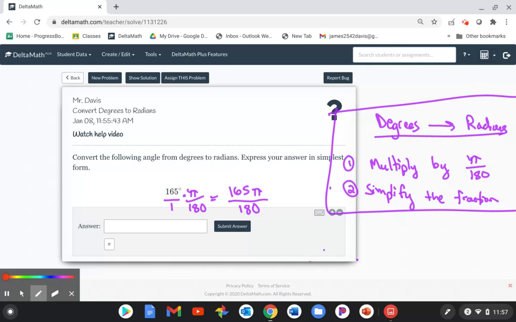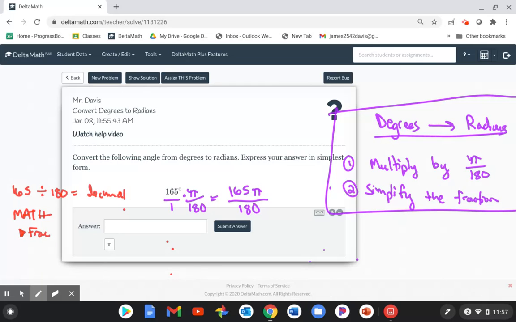One way I like to do it on the calculator is to just do 165 divided by 180 equals, which makes it a decimal. Then you hit math, and there's a button that means 2 frac.